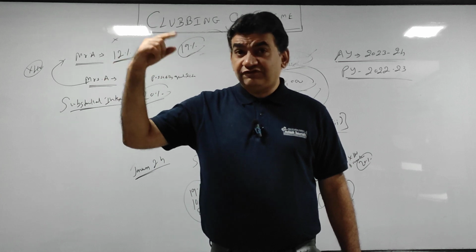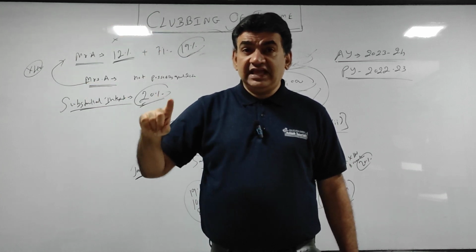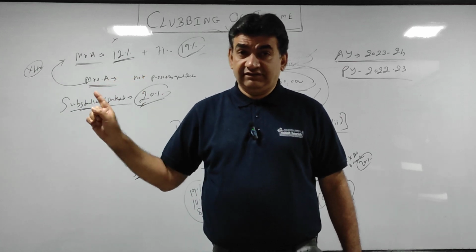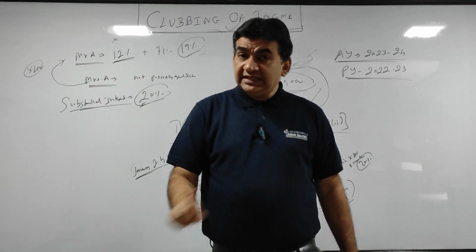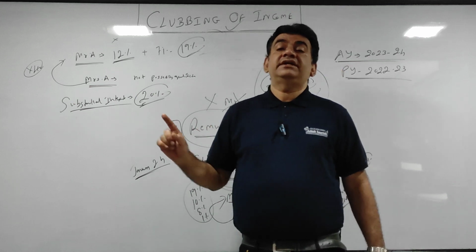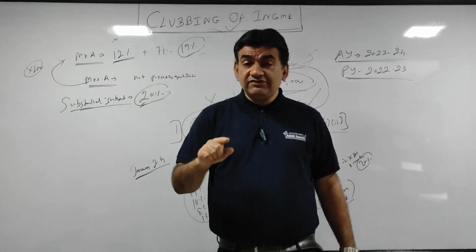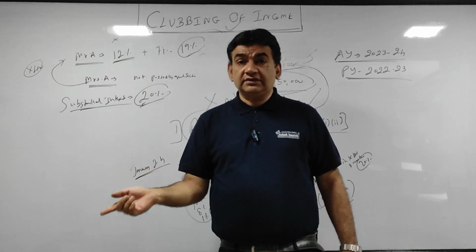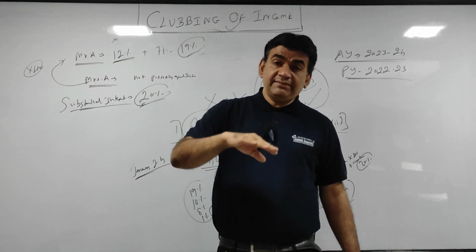My wife's father, FIL, father-in-law, doesn't come under the definition of relative. MIL, mother-in-law, doesn't come under the definition of relative. So relative means father, mother, wife, son, daughter, grandfather, grandmother.